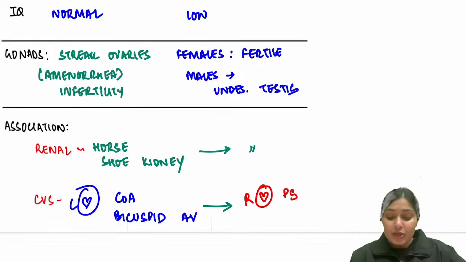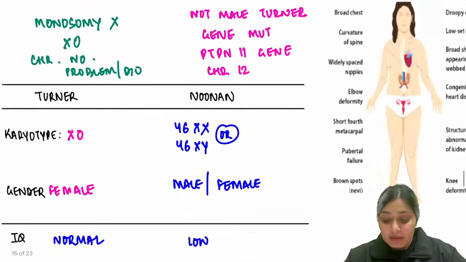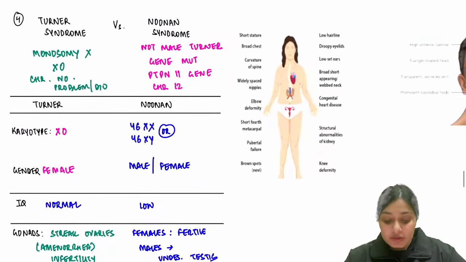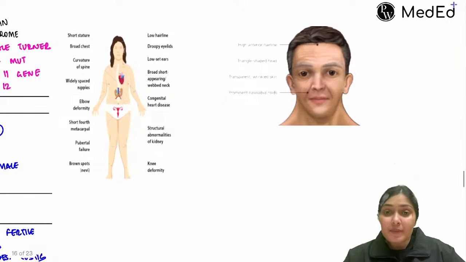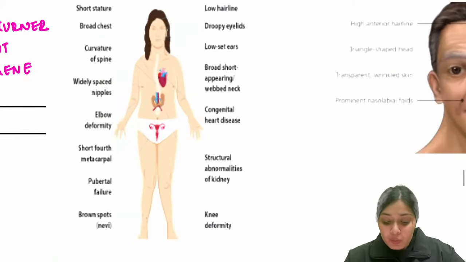Okay. So this is about two important genetic syndromes, Turner and Noonan. I discussed them side by side because children confuse Turner and Noonan to be sisters, Noonan as male Turner, but remember Noonan is not male Turner. So this is the overall habitus. What is the habitus?